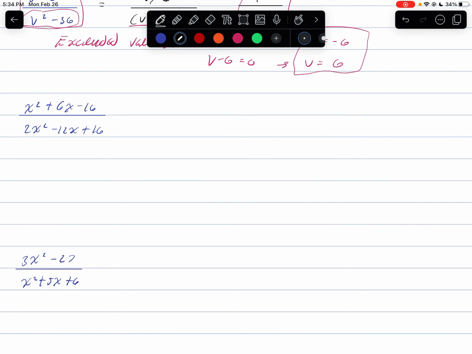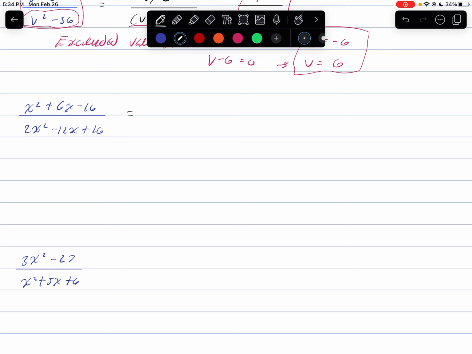Okay? So here we have x squared minus 6x, x squared plus 6x minus 16. And in the denominator, we have 2x squared minus 12x plus 16. Let's go ahead and see if we can factor both the numerator and the denominator. So the numerator shouldn't be too bad.